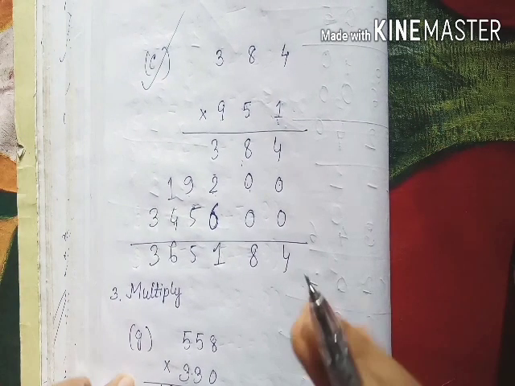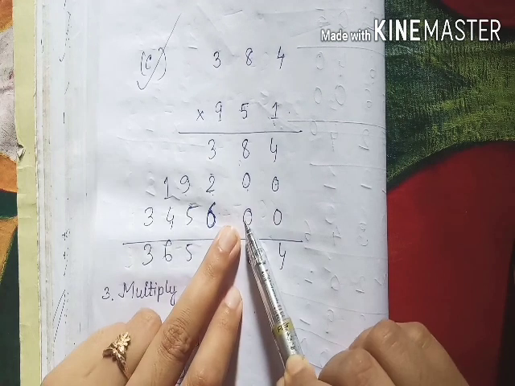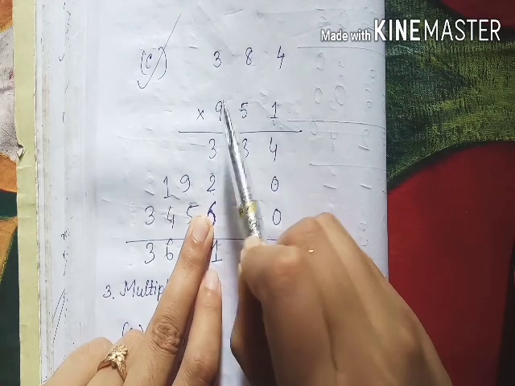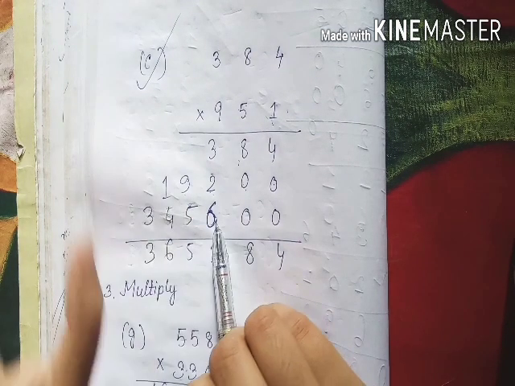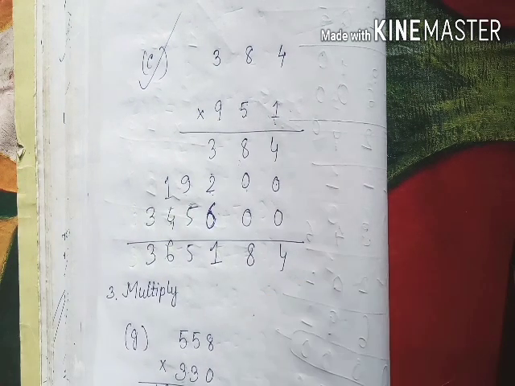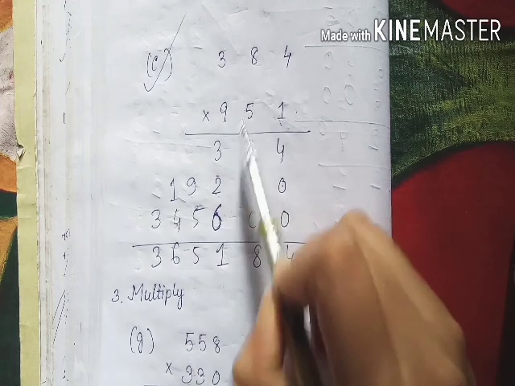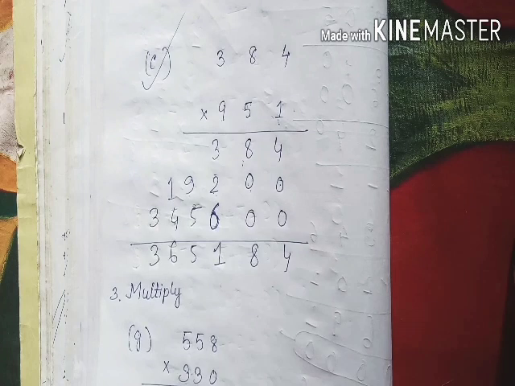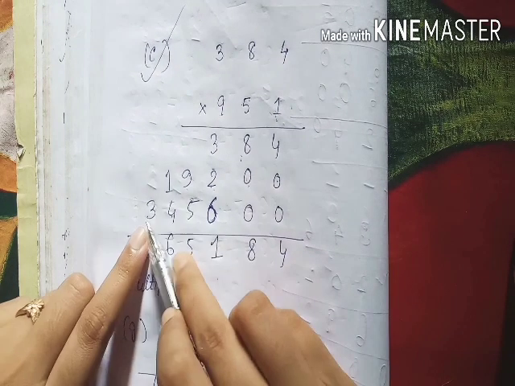Now you have to do the hundreds place. So the ones place and tens place will be 0. You will start from the hundreds place. So 9 4s are 36, so I'm writing 6 here, 3 carry, then 8 9s are 72, plus 3 will be 75, carry 7, so I'm writing 5 here, then 9 3s are 27, and 27 plus 7, we will get 34.